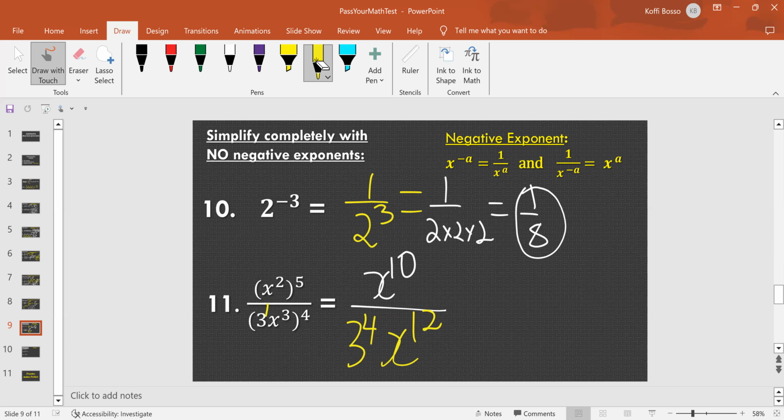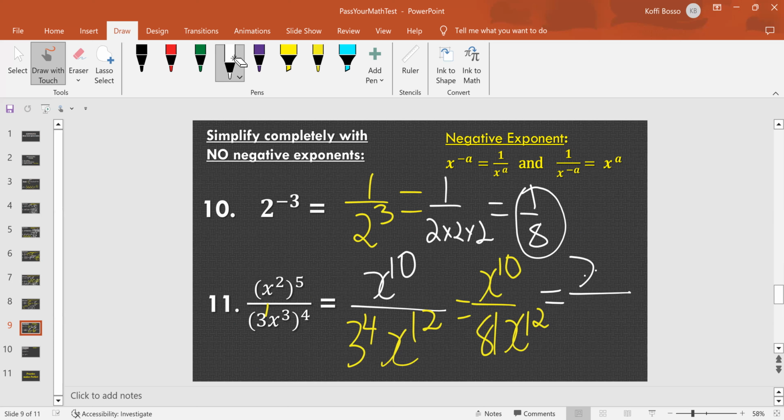So what's going to happen is that we will have x to the 10th power on top. On the bottom, 3 to the 4th power, which is 3 multiplied by 3 multiplied by 3 multiplied by 3, giving you 81, with x to the 12th power. Now we do the x: the top power 10 minus the bottom power 12.